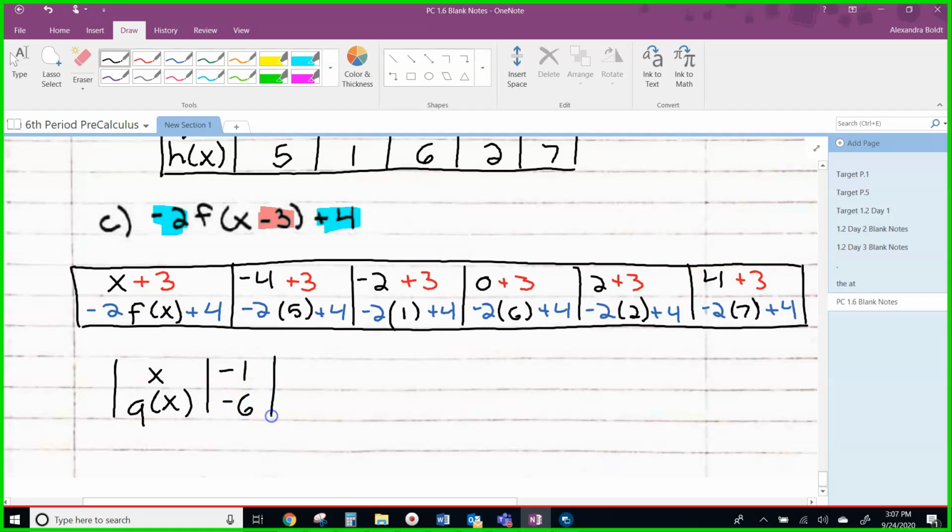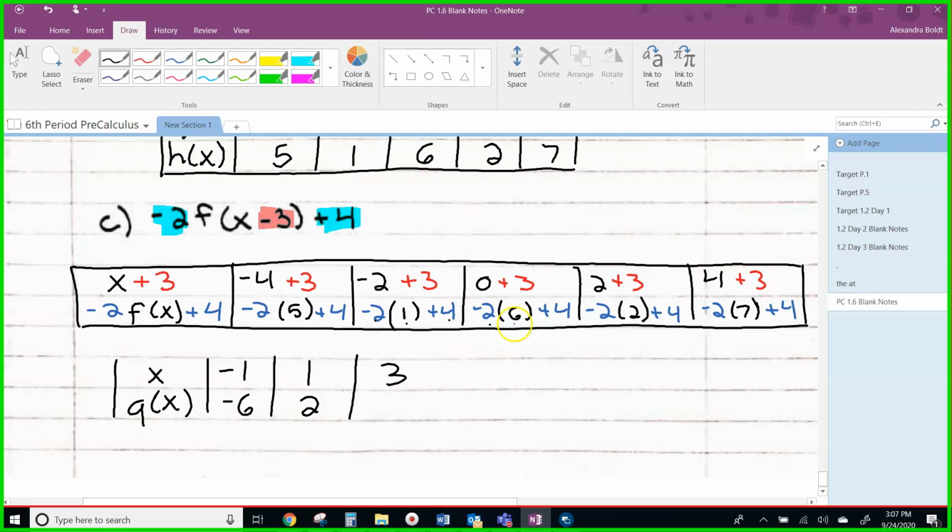Negative 2 plus 3 is positive 1. Negative 2 times 1 is negative 2, plus 4 is 2. Zero plus 3 is 3.